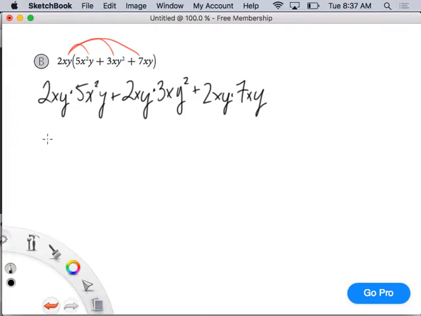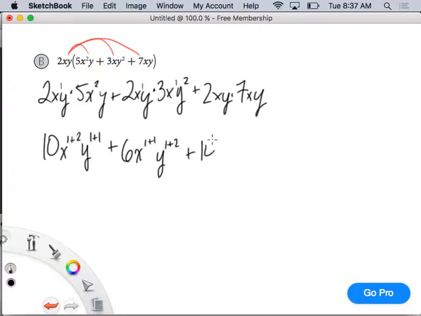This becomes 2 times 5 is 10, x to the first plus 2 times y to the 1 plus 1, plus 2 times 3 is 6, x to the 1 plus 1, y to the 1 plus 2, plus 2 times 7 is 14, x to the 1 plus 1, y to the 1 plus 1. Okay?